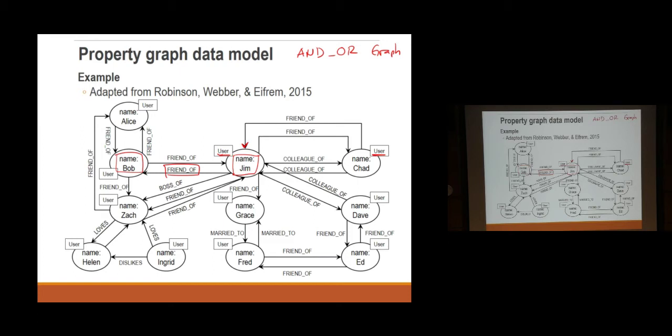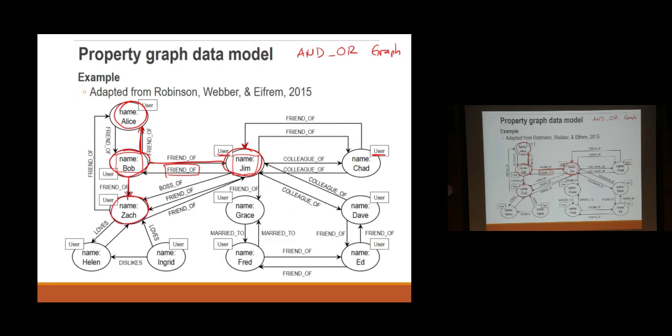Okay, so for instance, if you want to ask who are all the friends of Bob, you look at one particular node. This is Bob, and then you try to traverse everything. This one is a friend of Bob, so this will be one of them. This is also a friend of Bob, so Jim is one of them. This is a friend of Bob, so Zach is one of them. Okay?